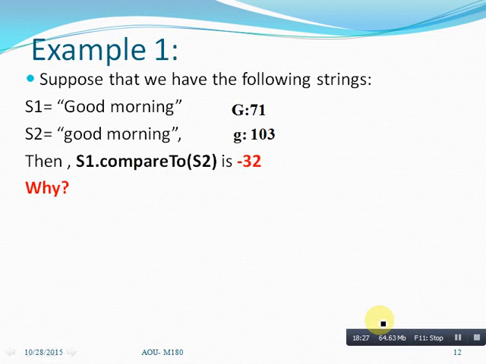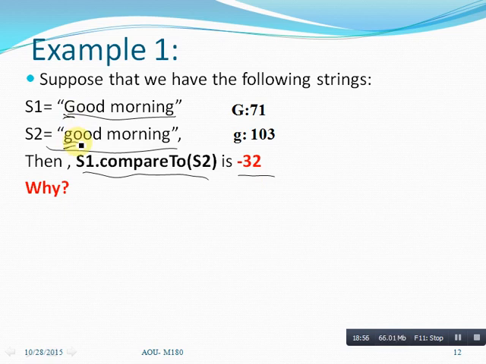Let string 1 be "Good morning", and string 2 be "good morning", but the difference in these two strings is that the first string has capital G, the second string has small g. Now when you compare s1.compareTo(s2), it is minus 32. Why? Because capital G comes before small g. First come the capital letters, then the small letters.